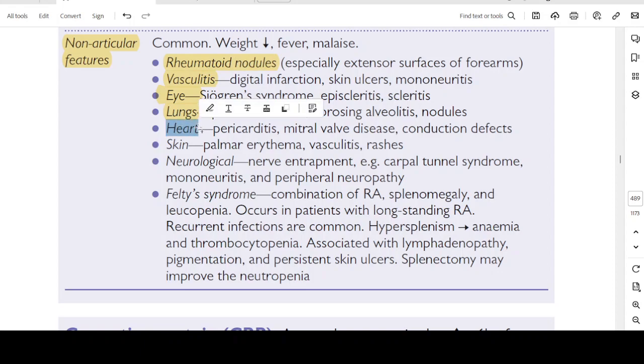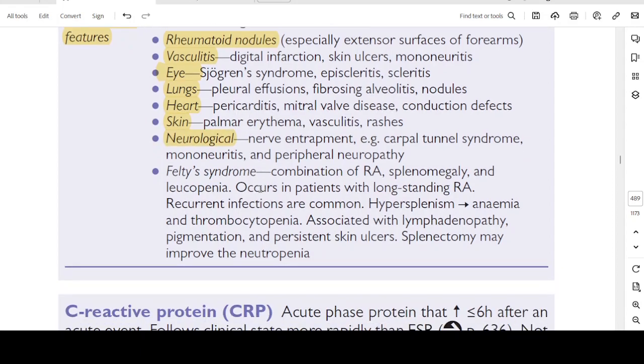Heart problems: pericarditis, mitral valve disease, conduction defects. Skin problems: palmar erythema, vasculitis, rashes. Neurological problems: nerve entrapment, for example carpal tunnel syndrome, mononeuritis and peripheral neuropathy.